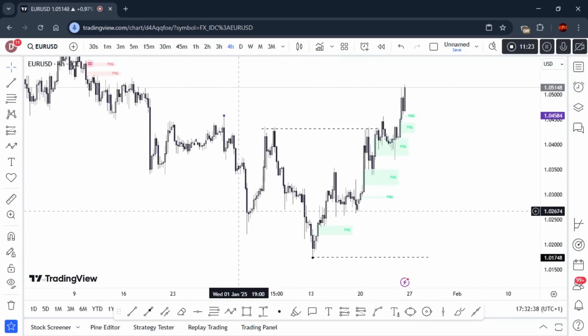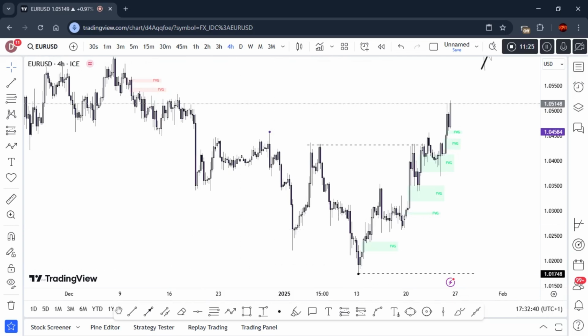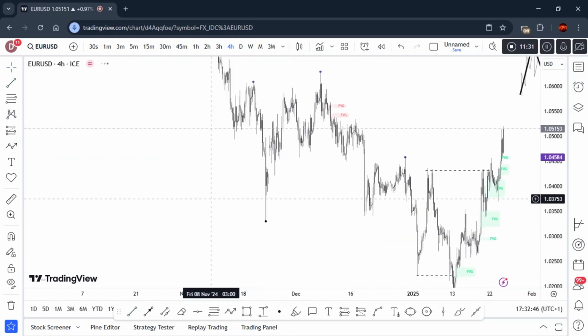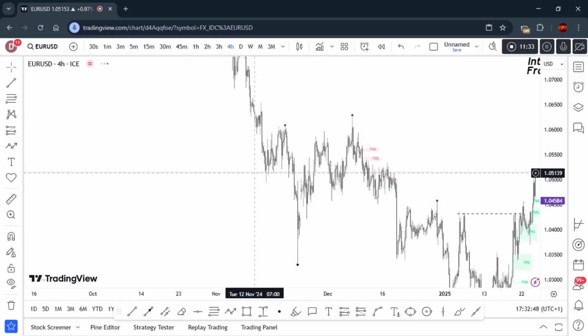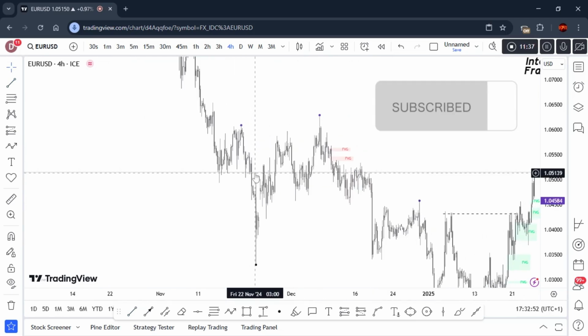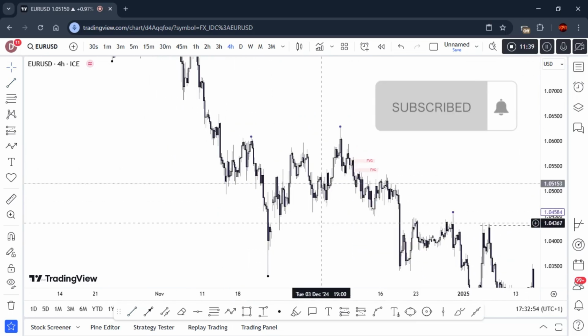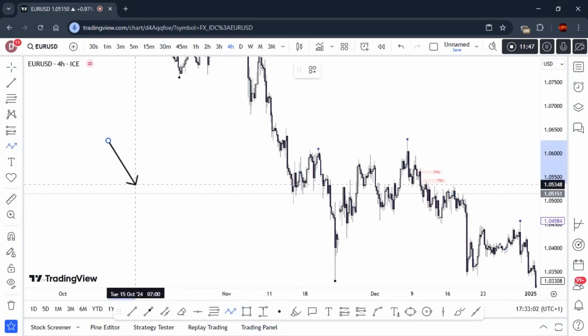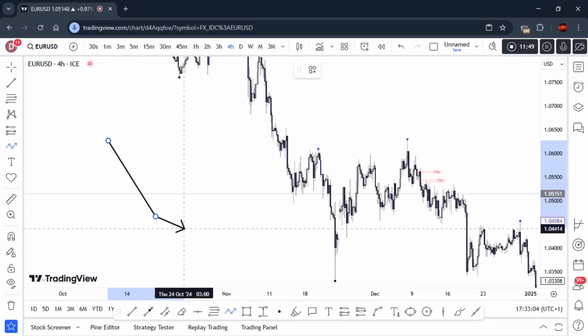Okay, let me start this explanation from this break of structure right here. Now you notice that we are in a downtrend, right? If you look at your external time frame, the bias is a downtrend movement. For us to be sure that we are in a downtrend, we need to see a series of lower lows and lower highs.